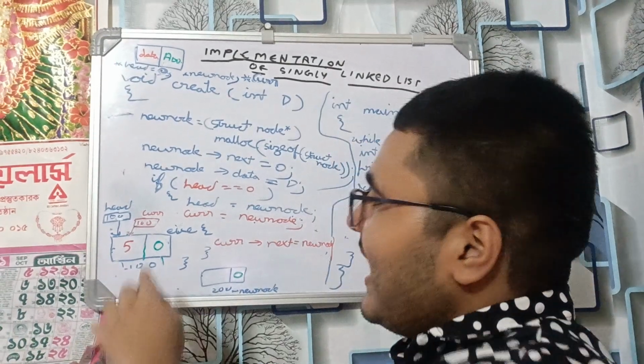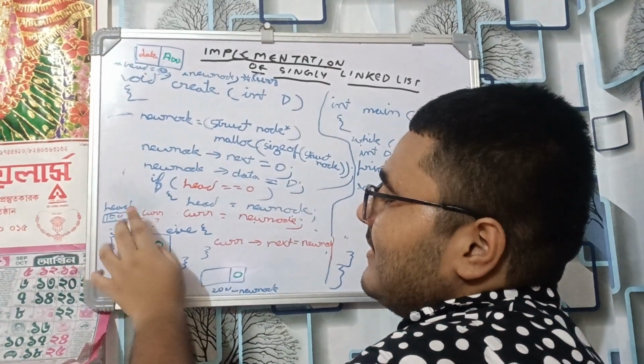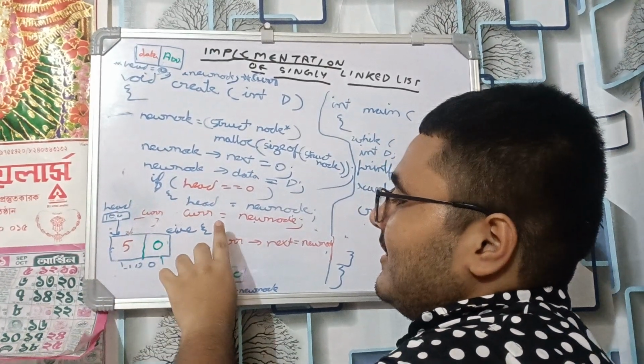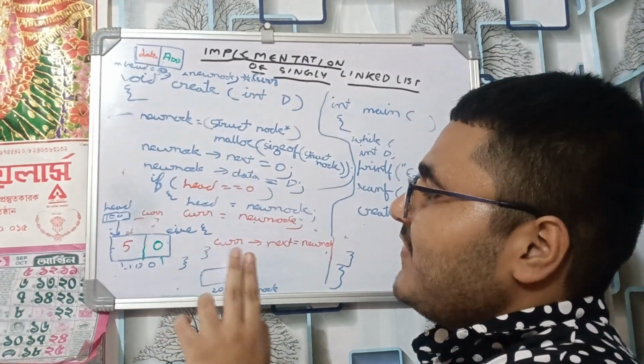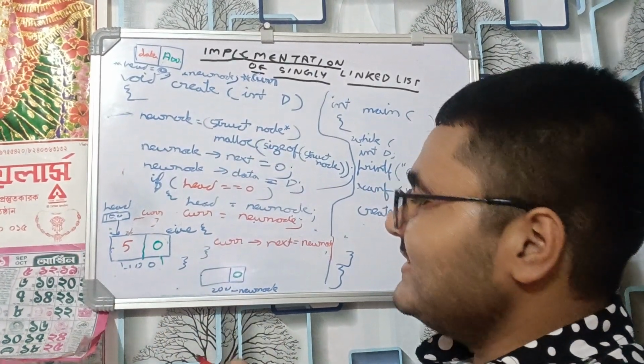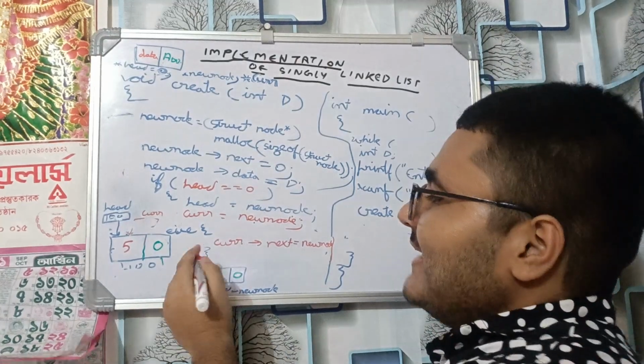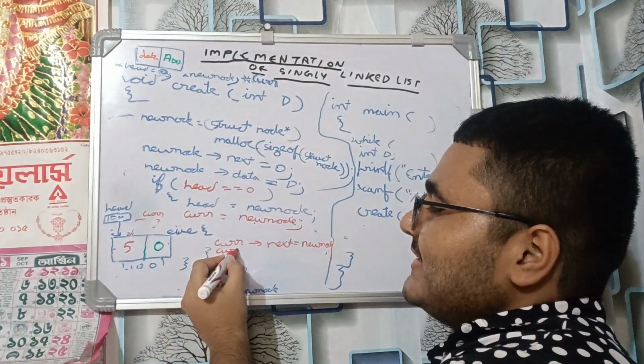And now current is equal to new node. Here also I have to do current next equal to new node, and then also I have to write current equal to new node.